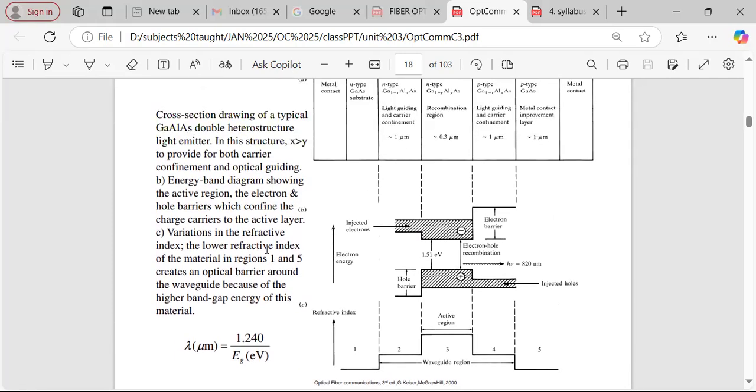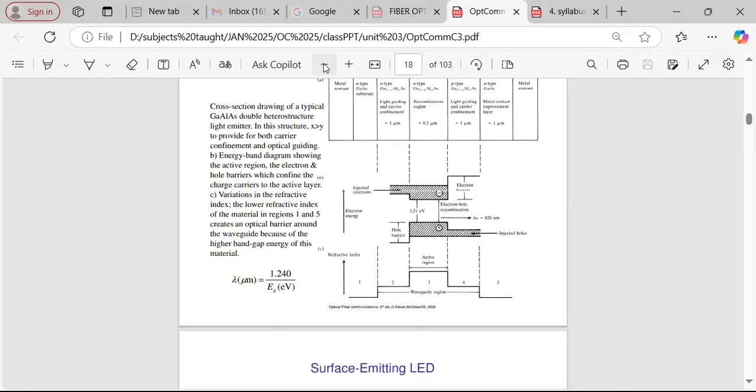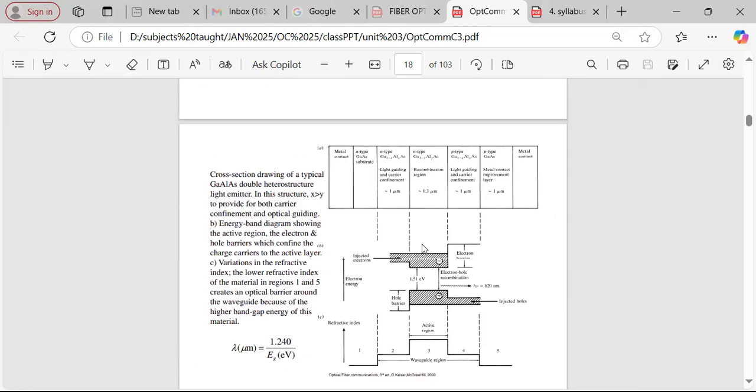This is all about the heterogeneous structure of the LED, and for optical sources we use only the heterogeneous structure, as it provides more carrier confinement, and there is a graded doping level across the whole length of the diode.